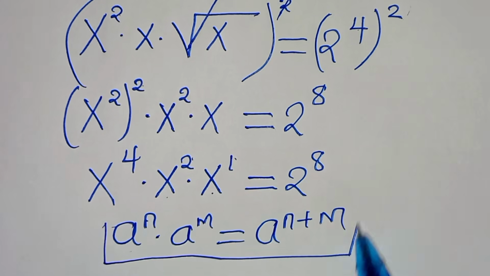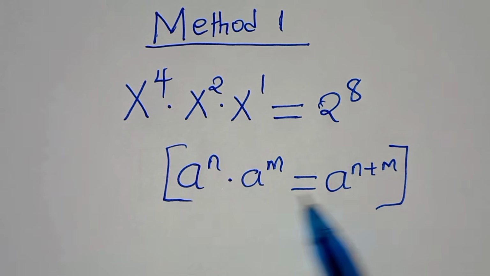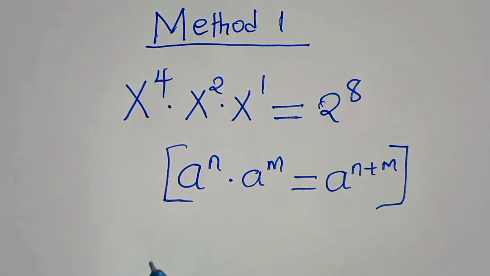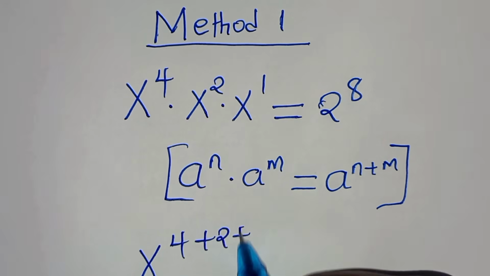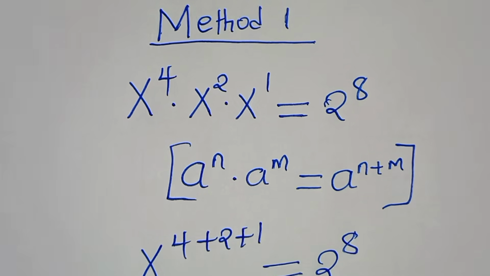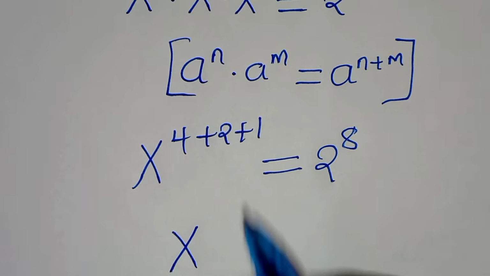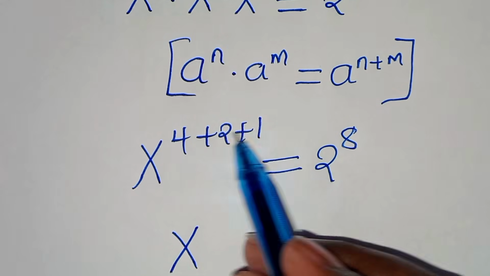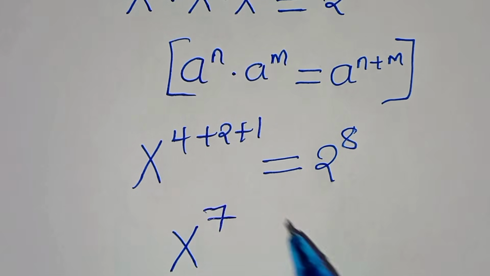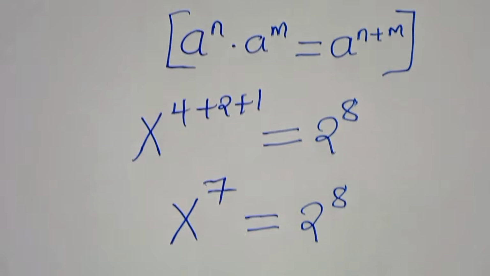Applying this exponent property, here we have x to the power of 4 plus 2 plus 1, equal to 2 to the power of 8. So that's x to the power of 4 plus 2, this is 6, plus 1, this is 7, equal to 2 to the power of 8.